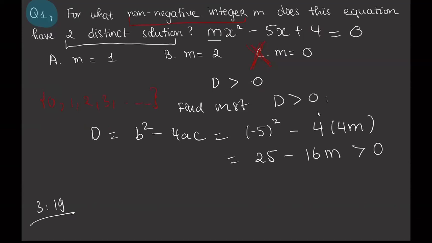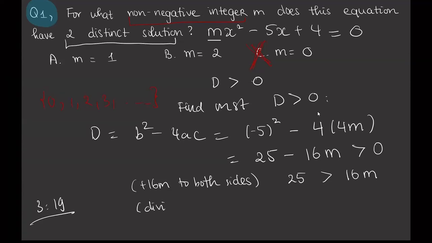And then let's see. If you plus 16m to both sides, you get 25 is greater than 16m. Okay, and you divide both sides by 16.